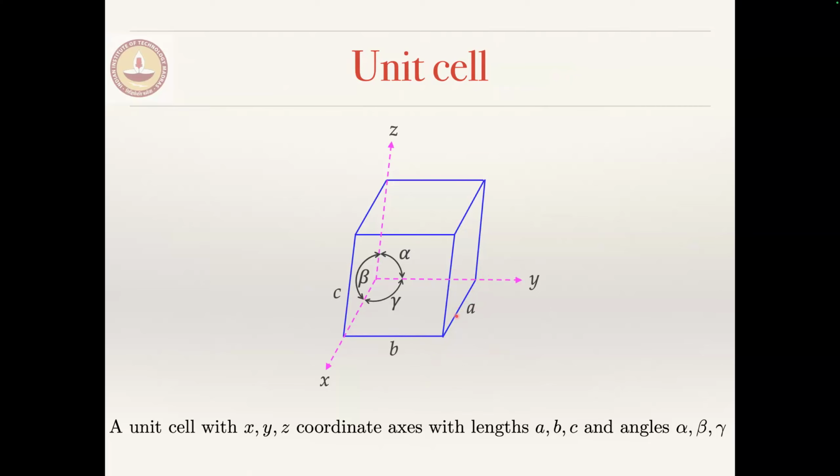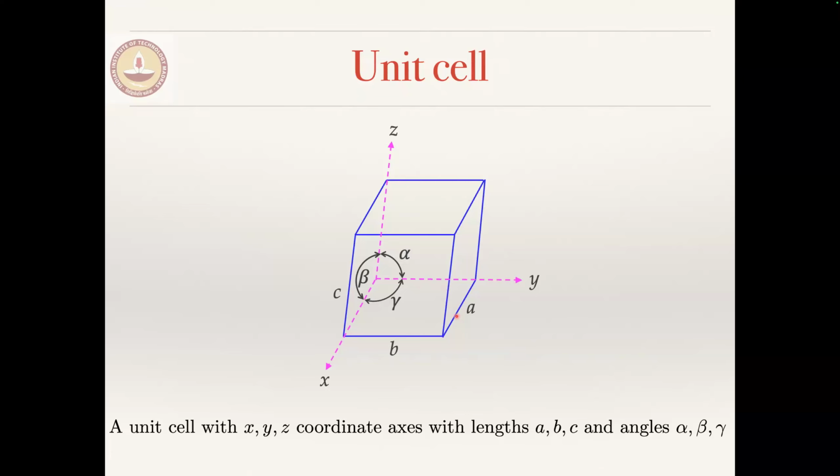Sir, is it because the lattice points are being shared for each unit cell? No, lattice points are shared, but not all lattice points are equally shared by unit cells. Some lattice points are not shared. Adjacent cells might share. For example, if you take a body-centered unit cell, that body-centered atom, that lattice point, is not shared by other unit cells, isn't it?